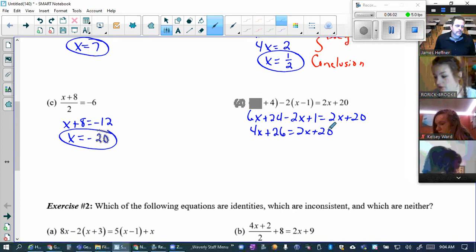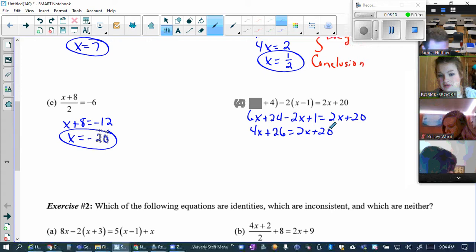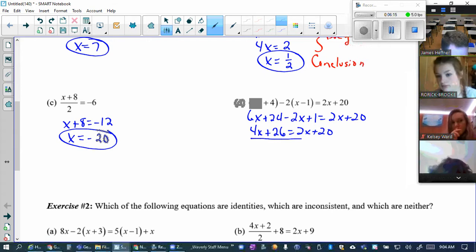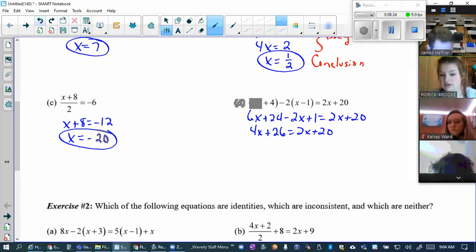After you get 4 by itself, would I put divide 4 over 2x minus 6, or do I just put it over the 2x? Do you have this line here? And you're asking about what to do here? Then I subtract the 26.